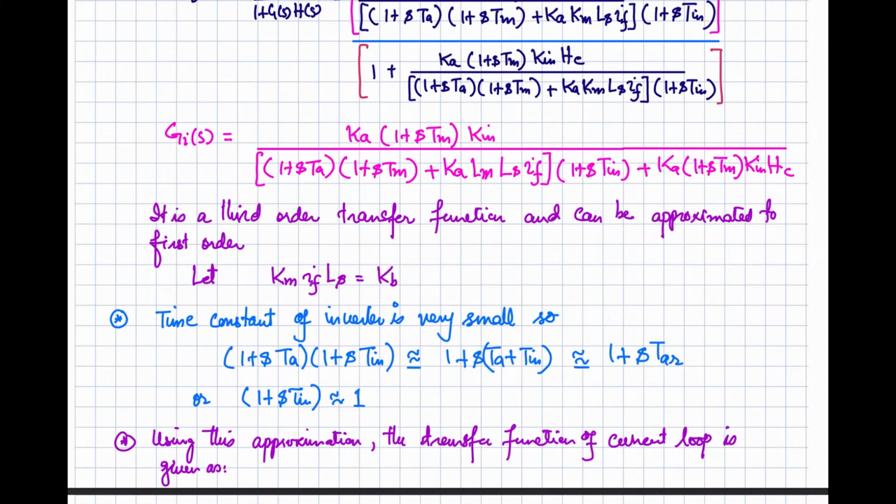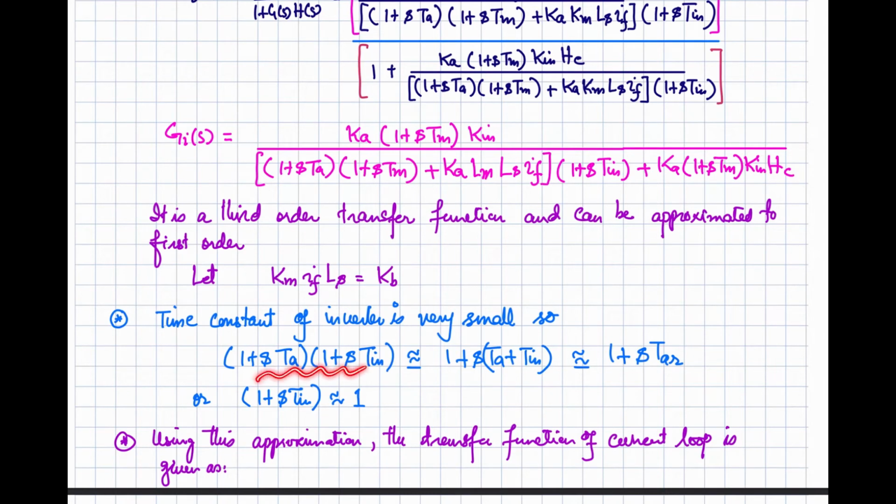And similarly, if you have this product 1 plus sTa and 1 plus sT_in, you can represent it like that as 1 plus s into Ta plus T_in. The second order part, the s square term, can be neglected because this T_in is very small as compared to your armature time constant, which depends upon the armature inductance and the resistance and is usually very large as compared to the inverter.